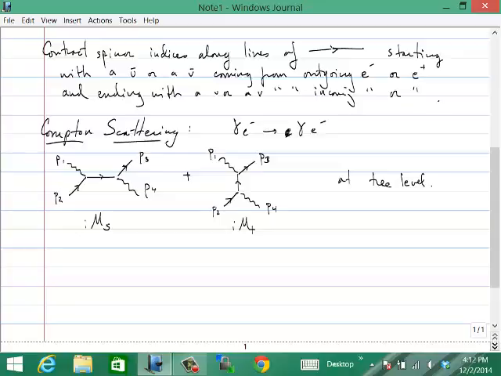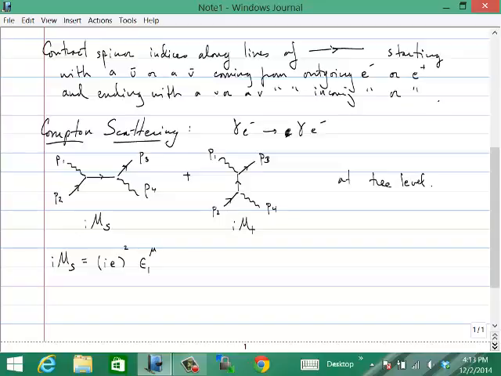So let's just go ahead and write these out so that you have some practice in writing these out. The S-channel guy will have two copies of i times the gauge coupling. We can forget about that minus sign because we're squaring it. There'll be some epsilon that tells you the polarization of the photon with momentum p1.